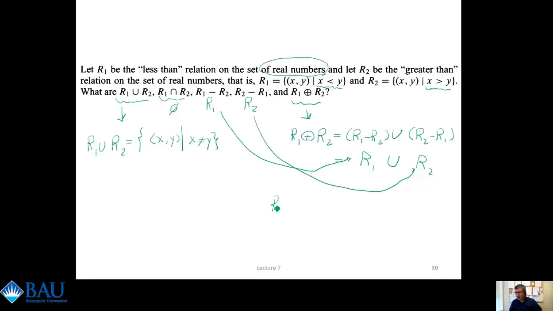So R1 ⊕ R2 in this example is the same as R1 union R2, that we found here. So R1 ⊕ R2 is the same as R1 union R2 in this example.